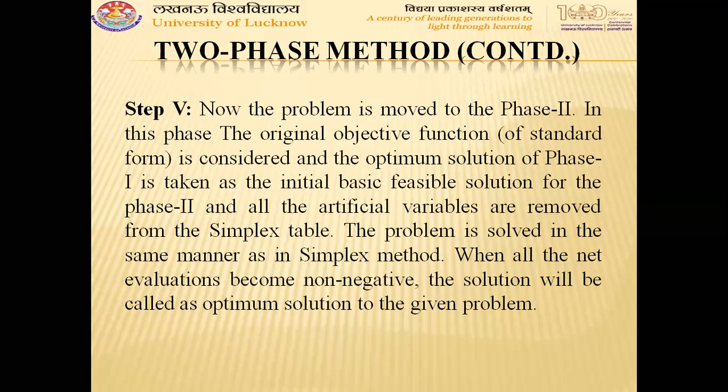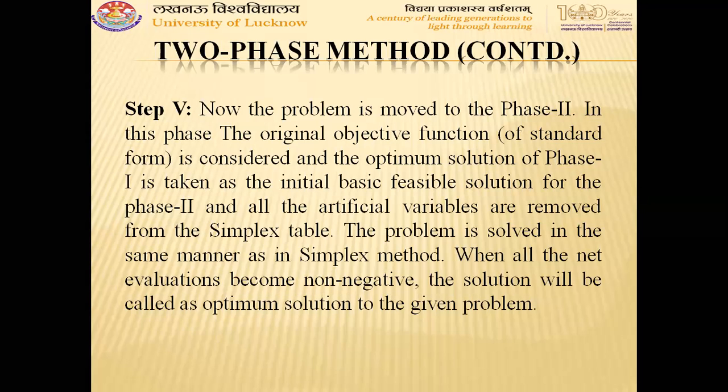In phase 2, the original objective function is considered in standard form. That means if the original objective function is minimization type, then it is converted into maximization type. And the optimum solution of phase 1 is taken as the initial basic feasible solution for phase 2.